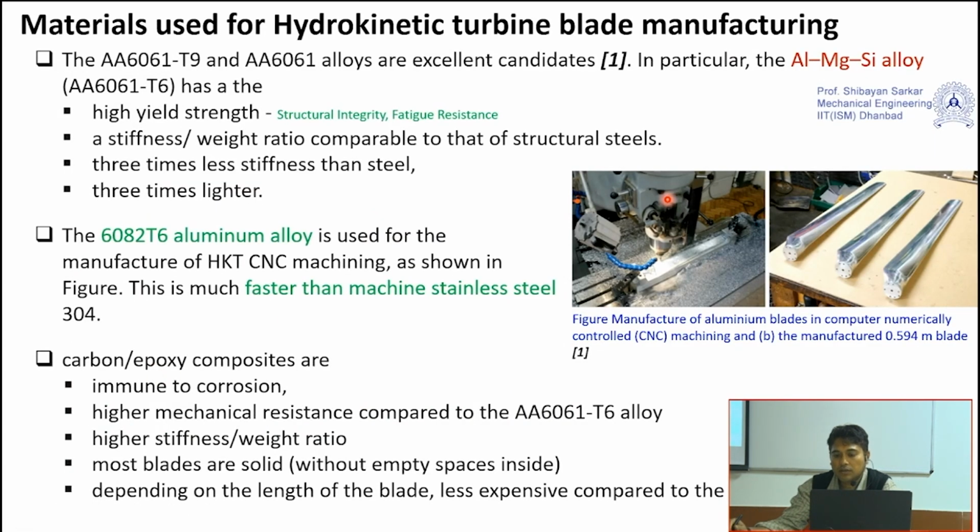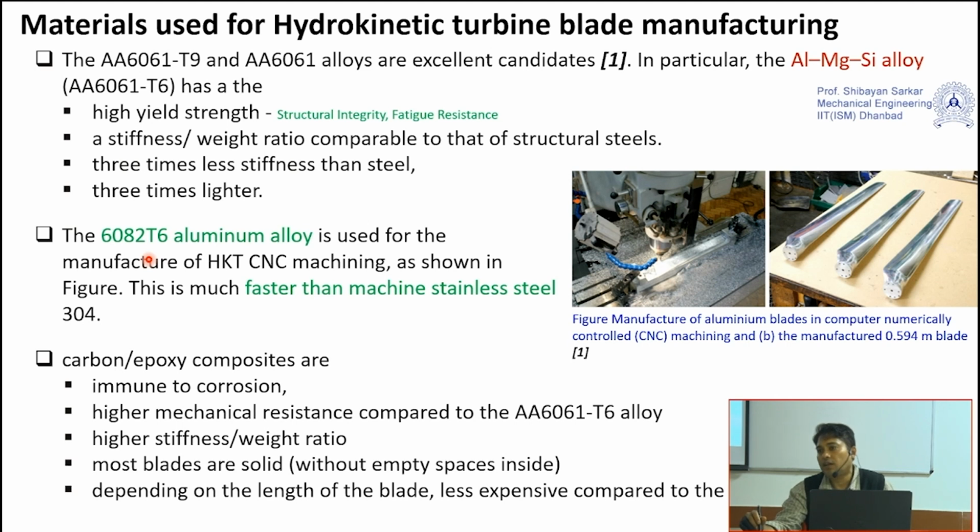You can see here also another blade they have prepared, and this is prepared in a CNC machine. So you have to arrange for a higher cost to prepare this type of machine. This has been prepared through this aluminum magnesium silicon alloy. Its name is AA6061T9, and the second one is 6082T6. So these are the different aluminum alloys that have been considered.